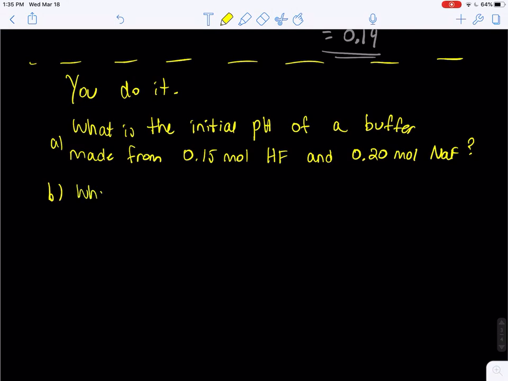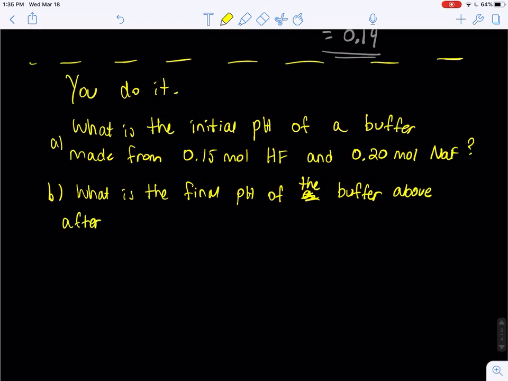And what is the final pH of the buffer, maybe I should say the buffer above, after a small amount of NaOH is added?